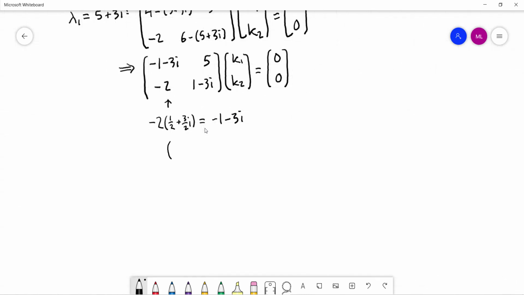We could check just real quickly to show that they are in fact proportional. Let's see what we get. I'd get 1/2 times 1, so I have a 1/2. I'm going to get 1/2 times negative 3i, so minus 3/2 i plus 3/2 i. Those cancel. And then lastly, this times this: negative 9/2 but times i squared, which is negative 1.